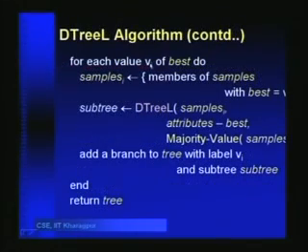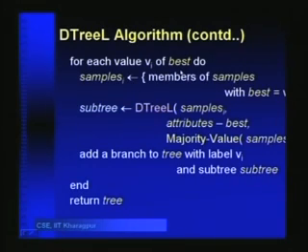Then for each value vi of best, now see, best may not be a boolean, it may be a multi-valued variable, like we had Patrons, like we had weight estimate. So, for each value vi of best, we split the samples based on the value of the variable. Is it clear? Suppose we look at the variable best and it can have 3 possible options.